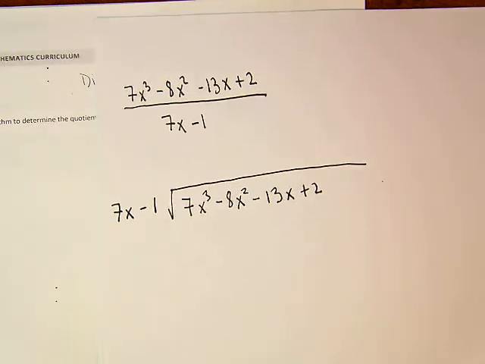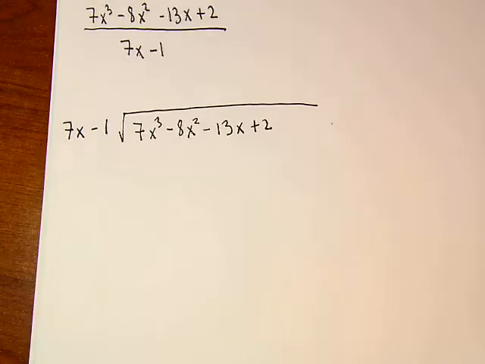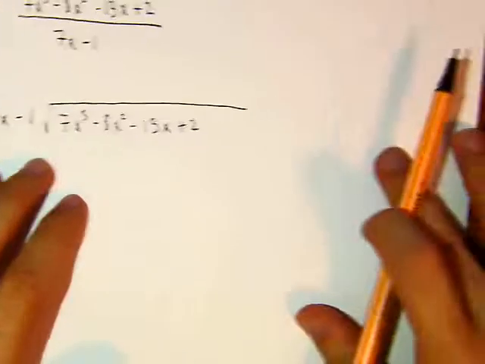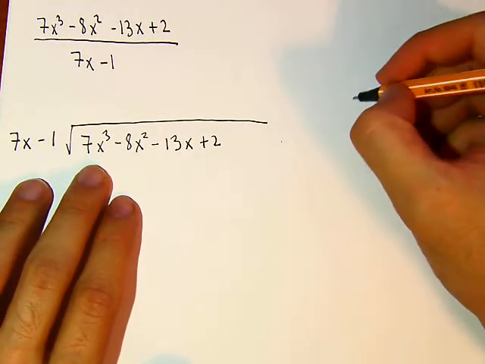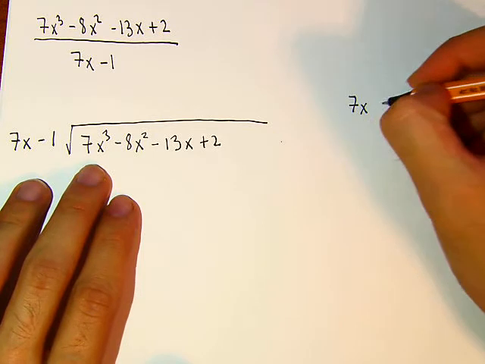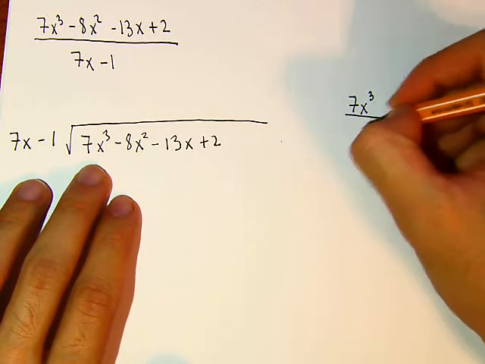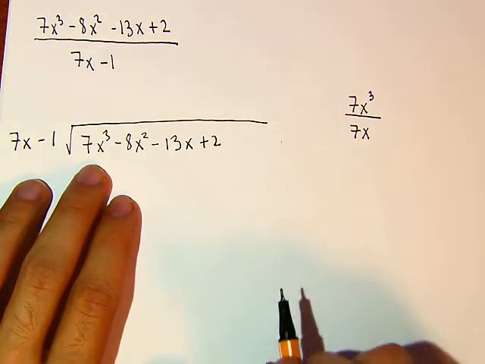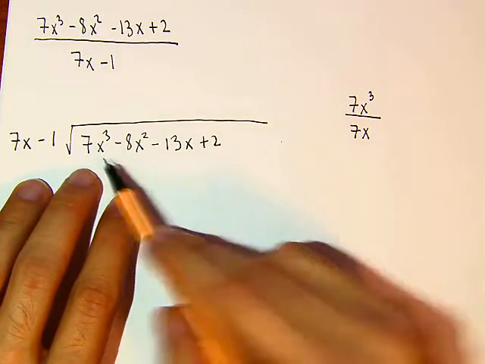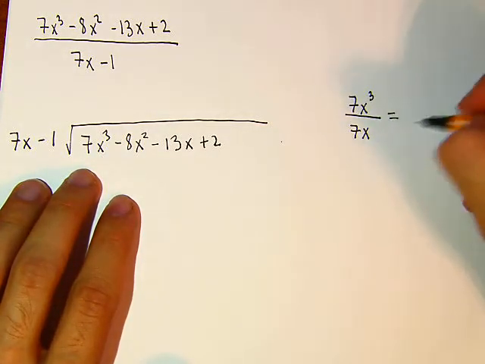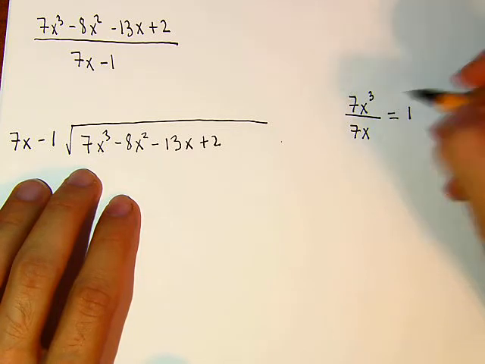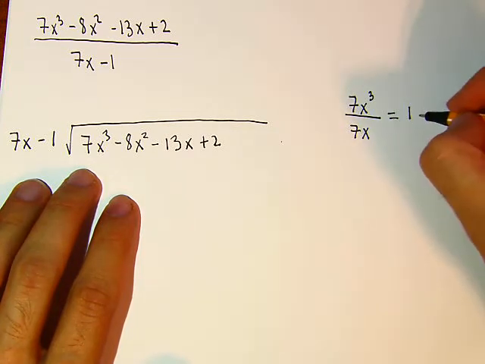If you want to show this on the side, it's 7x cubed divided by 7x. That's what you're asking yourself. And what is that? 7 divided by 7 is 1. So it's just 1. And then x cubed divided by x.